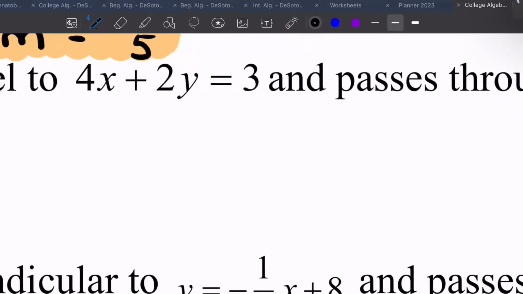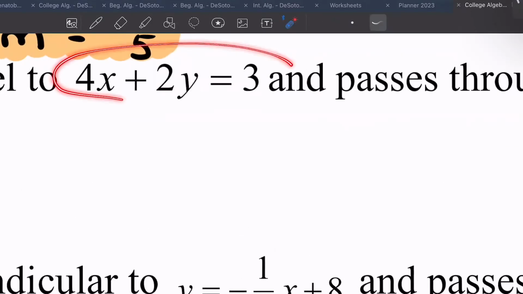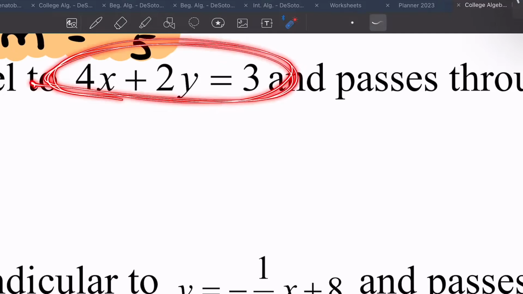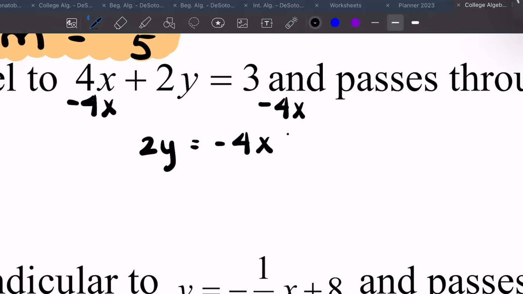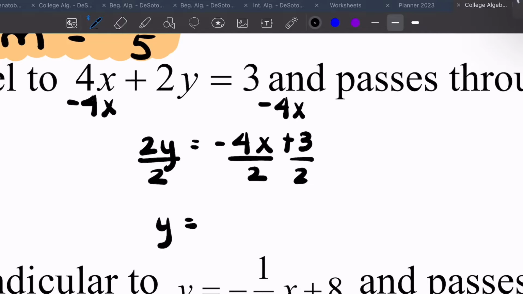Okay? So if I put this in y equals mx plus b form, I would know what my slope was because it would be the m. So I'm going to subtract 4x and get 2y equals negative 4x plus 3. I'm going to divide everything by 2 and get y equals negative 2x plus 3 halves.